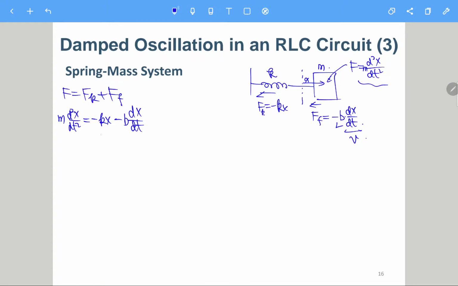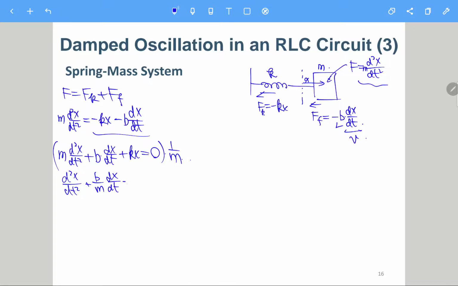So we can just move these two terms over. We have m d2x dt2 plus B times dx dt plus Kx equals 0. So we can just divide m on both sides. So we have d2x dt squared plus b over m dx dt plus k over m times x equals 0. So comparing with the previous case, we have this additional term due to the friction force.